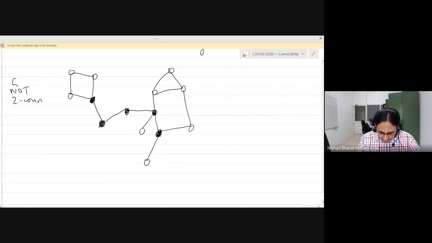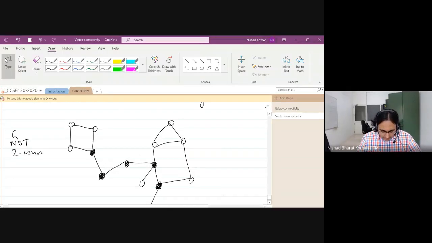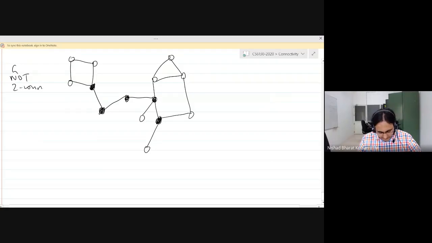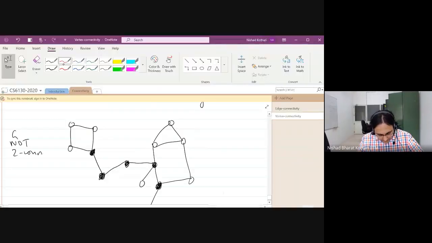Good. And you see what is happening is these cut vertices, if you try to think of the graph by breaking along these cut vertices, then you will get some pieces. I will make everything rigorous, but let's just do things a bit vaguely for now. So this is going to be one piece of the graph. You can think of this as another piece of the graph. This is another piece.